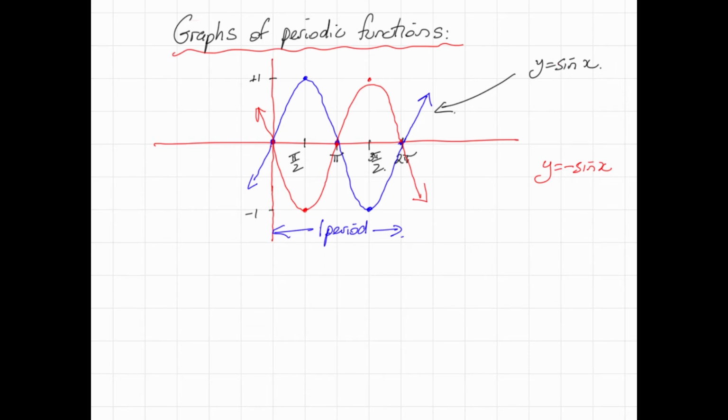Let's look now at the cos. Once again, it oscillates between -1 and +1, and it'll have a period once again of 2 pi.